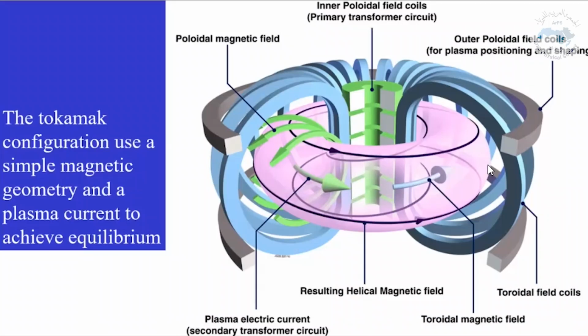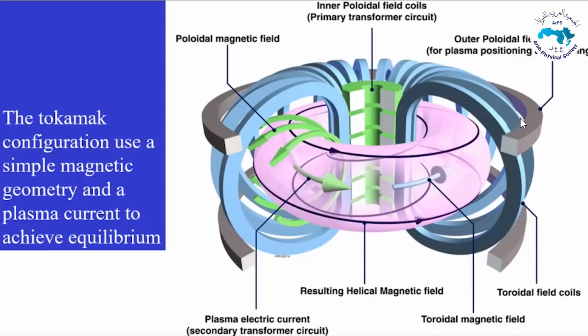You have one solenoid and a couple of coils, and you can build these other toroidal coils, but they are just simple. They are just round, in order to achieve an equilibrium state.